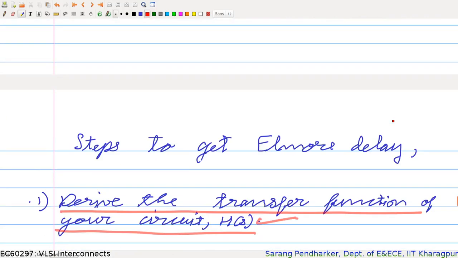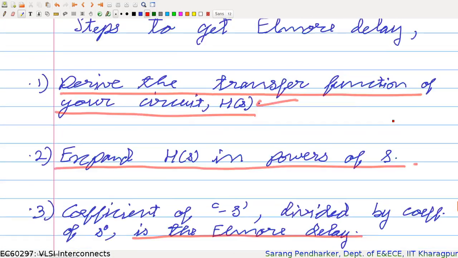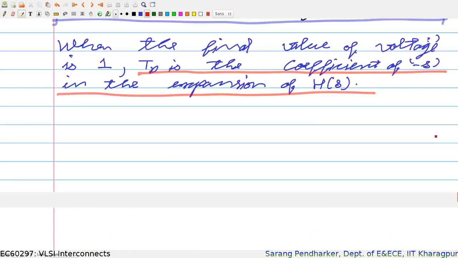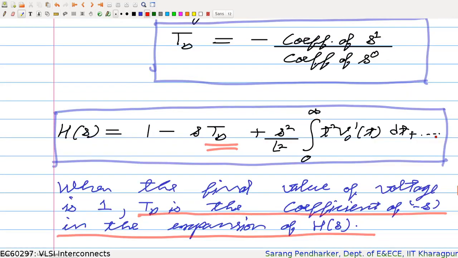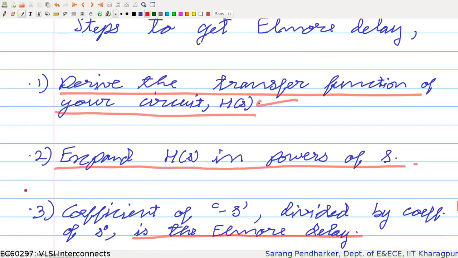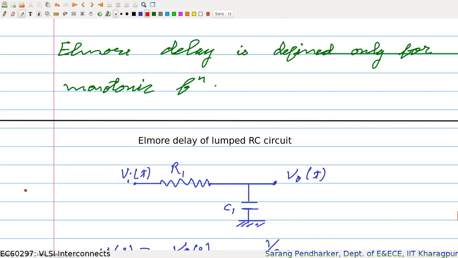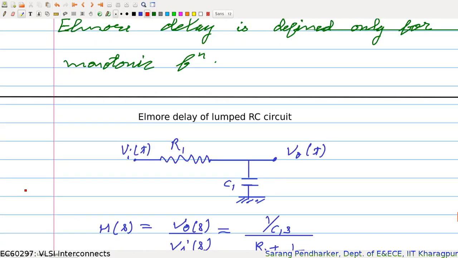Right, so with this, let us see, does this make sense? We have defined a new delay. It looks like, if I solve my circuit in the frequency domain, which is easier to solve, I can estimate something as the Elmore delay like this. So let us take a lumped RC circuit, which we are very much familiar with.